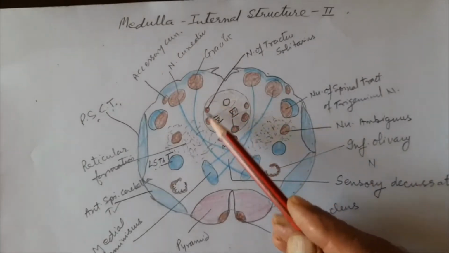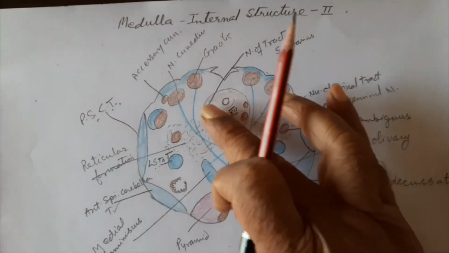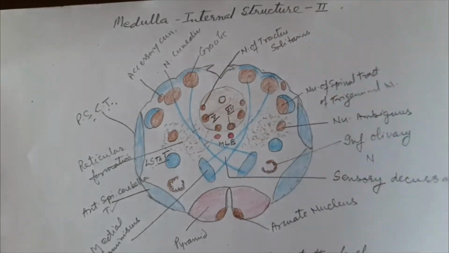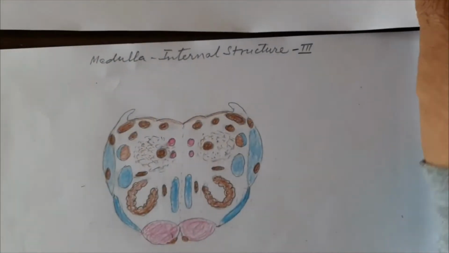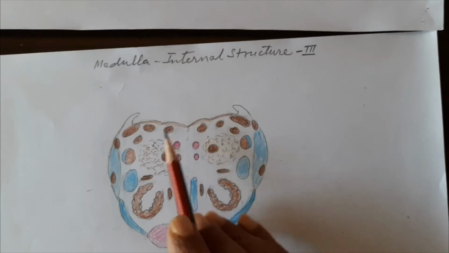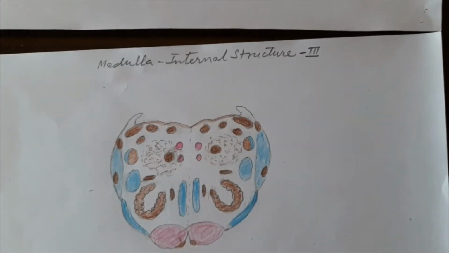See, this was the central canal, and the central canal has disappeared, so the posterior most part and surrounding area of the central canal is not here. In place of that, it is the floor of the fourth ventricle, which is covered by a thin layer of gray matter.